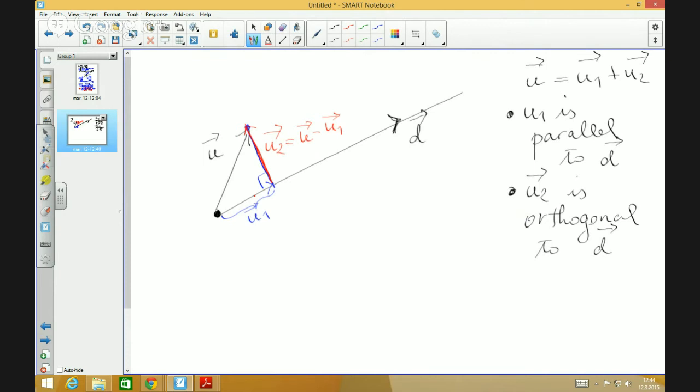That one vector is parallel to another one if it's a multiple of that vector. So actually what we know is that u1 can be expressed as t times the direction vector d, because it is parallel to d, for some real number t.